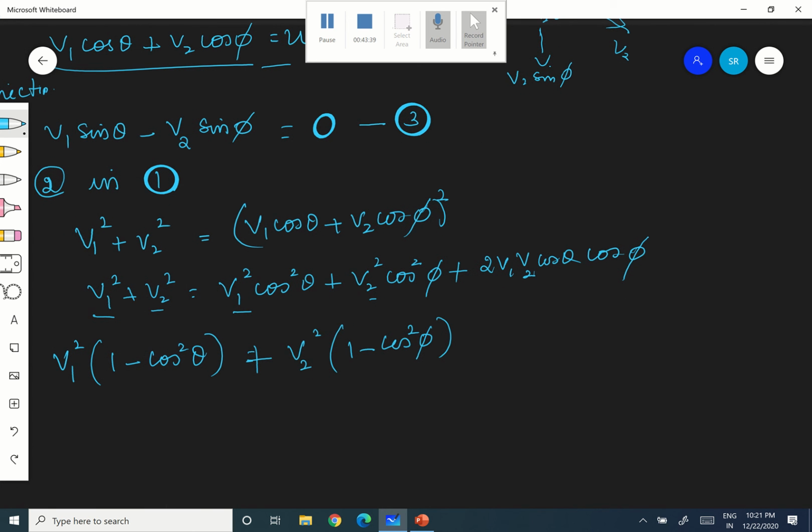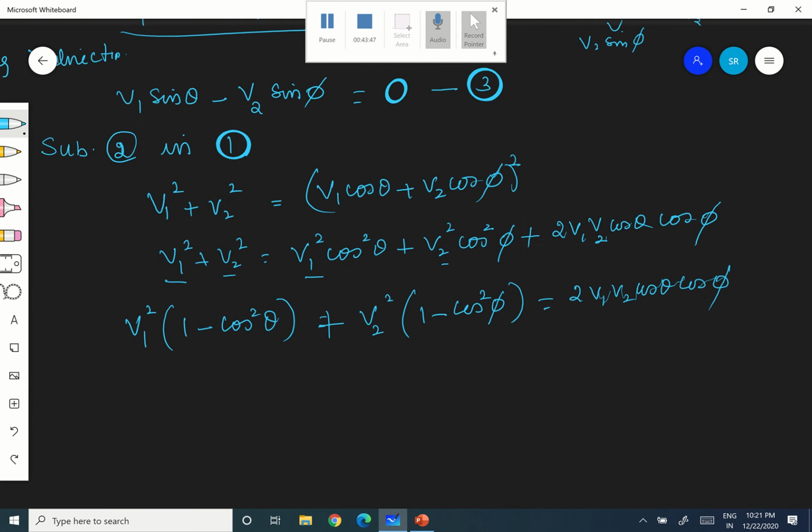And that should be equal to 2 v1 v2 cos theta cos phi. Therefore 1 minus cos squared theta is nothing but sin squared theta. Hope you know. Therefore it is v1 squared sin squared theta plus v2 squared sin squared phi, that is nothing but 2 v1 v2 cos theta cos phi.